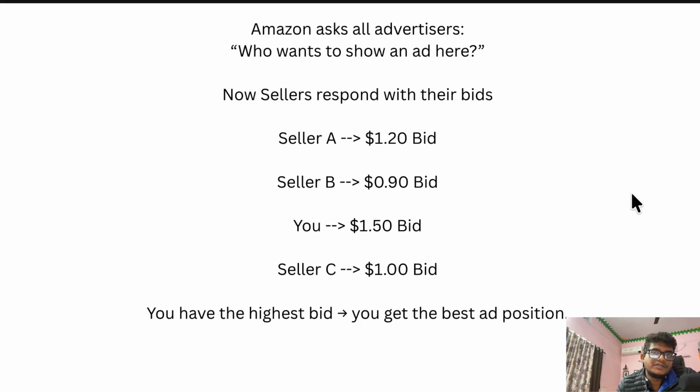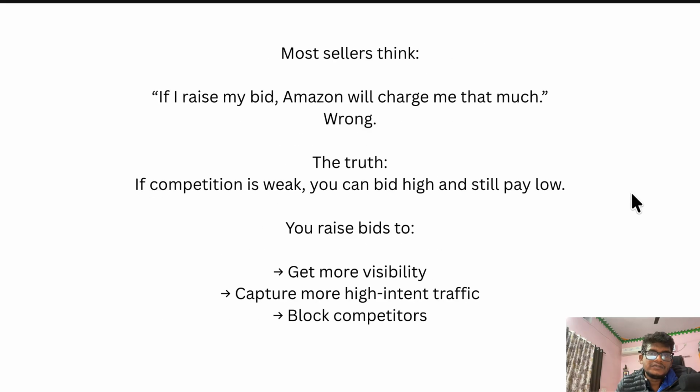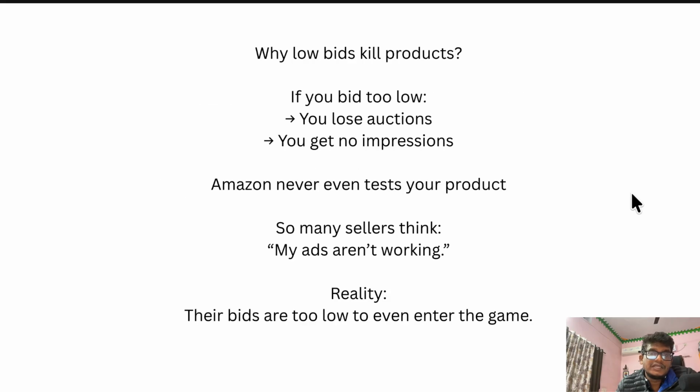They are not putting in a really high bid. So if the competition is weak, you can bid high and still pay low. You raise bids to get more visibility, capture more high intent traffic, and block your competitors.